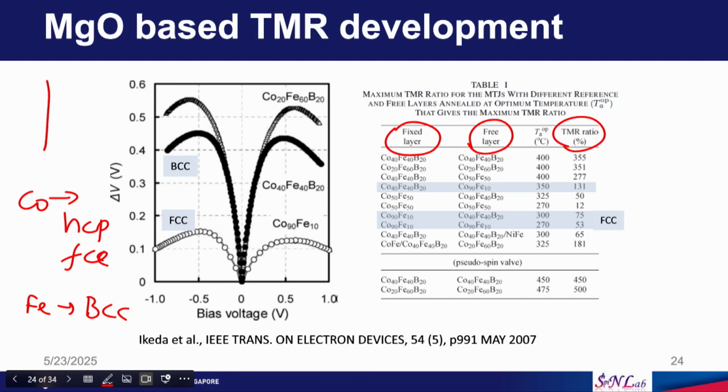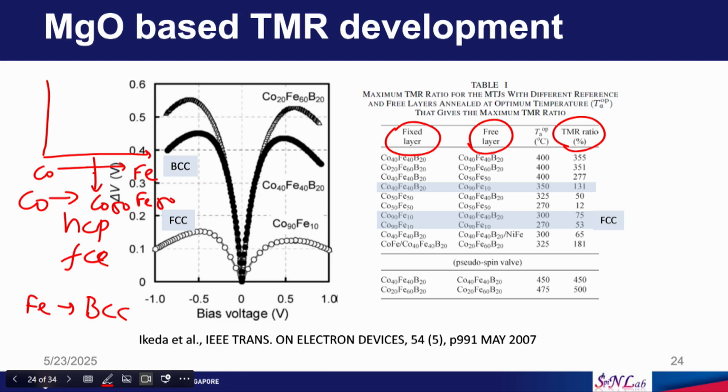Okay, let us say you have an alloy which is 100% cobalt and 100% iron. So, you vary the cobalt and iron when you go from left to right. For example, let us say this is a cobalt 50, iron 50, something like this.